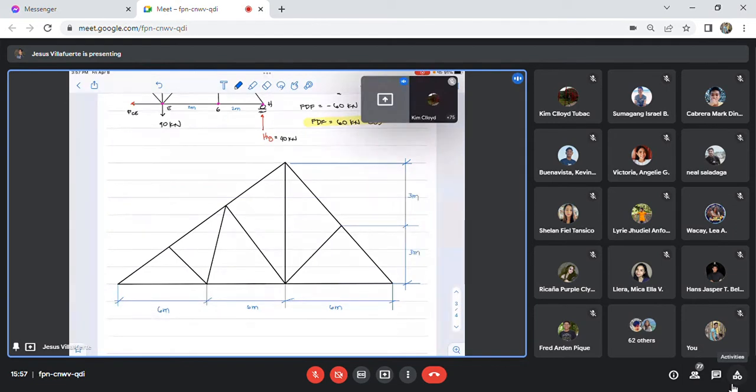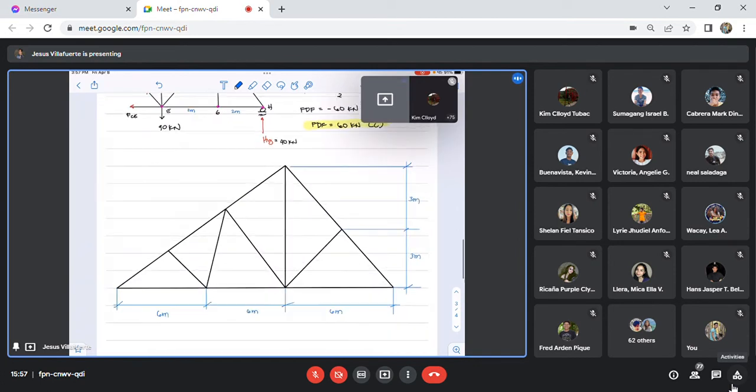This is 3 meters. And then utang tag load.